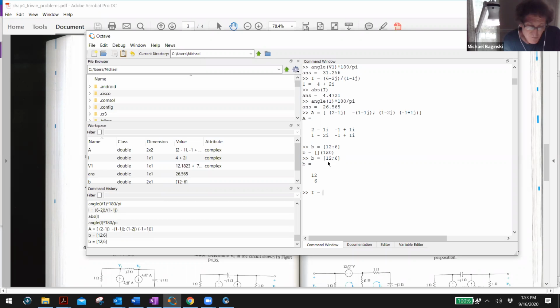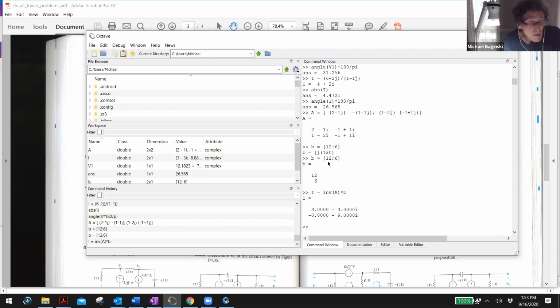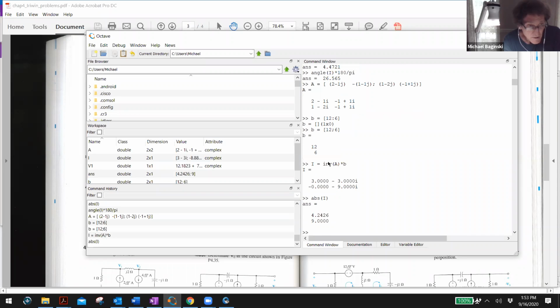And that means my unknowns I are equal to A inverse times that vector, and then I can get abs of I, and then I can get angle.